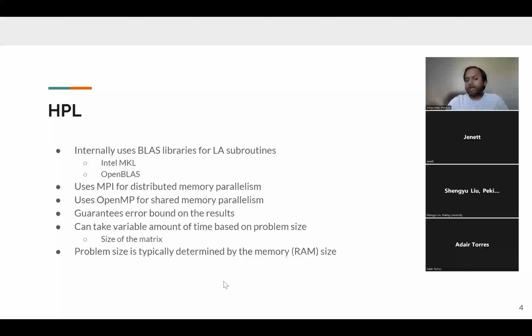And from that, you can determine what size of the matrix you want to run this problem on. And then as you increase the size of the matrix, your runtime can also grow, right?